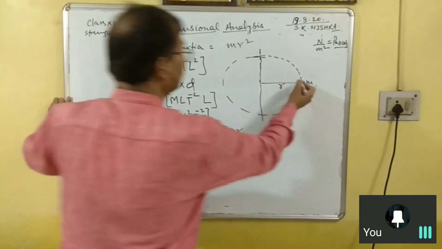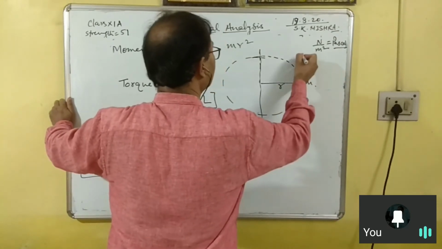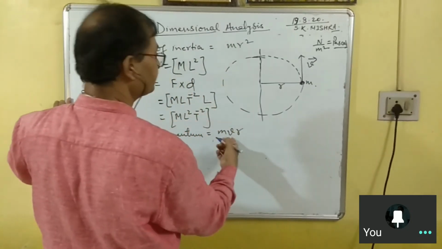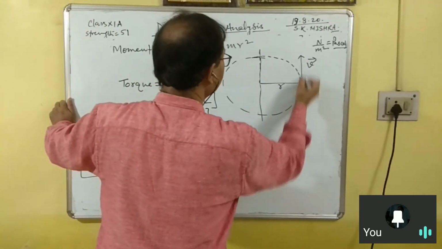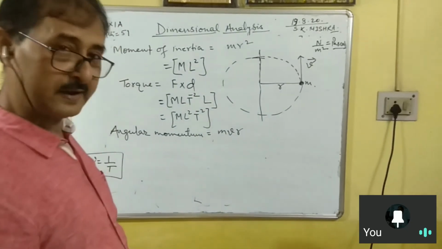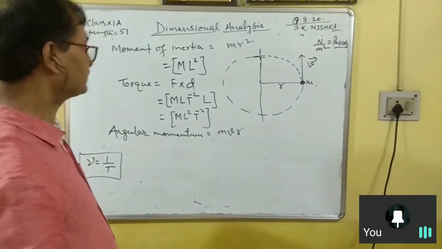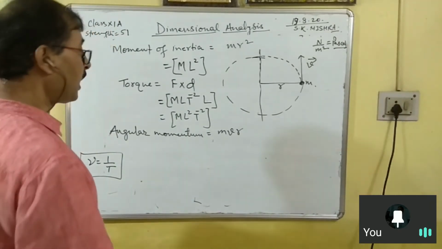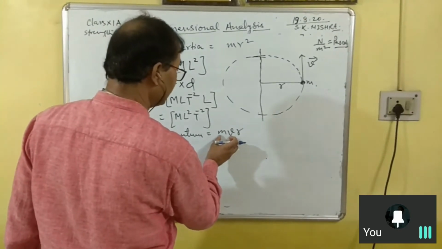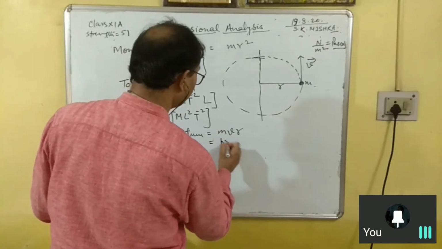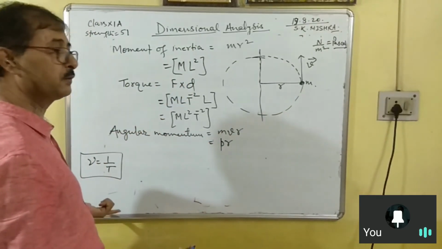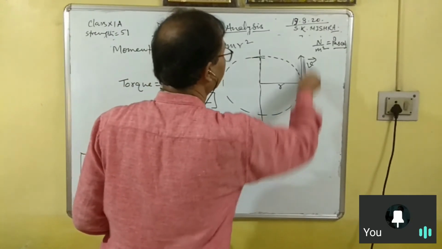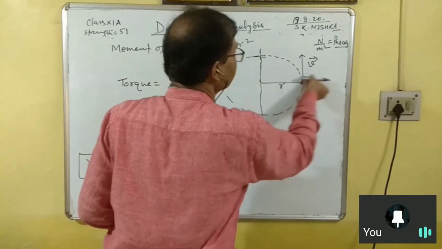The velocity of a particle in circular motion is always along the tangent. So momentum is m v, and then take the perpendicular distance r. So m v into r is called angular momentum, or p into r, if you represent momentum by p, or p into d, where r is the perpendicular distance of the line of action of momentum from the axis of rotation.